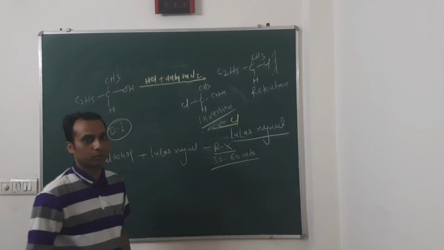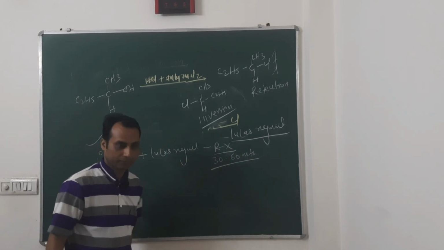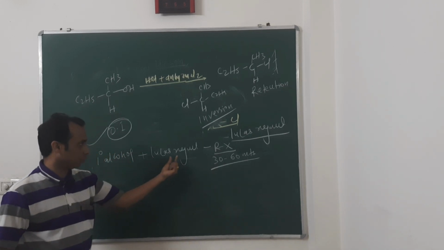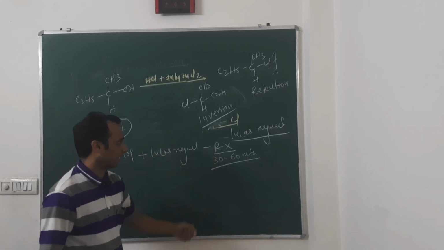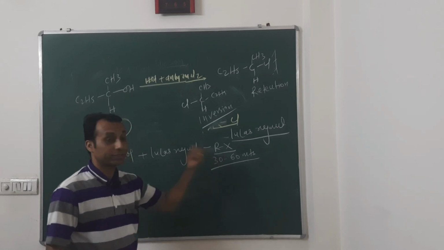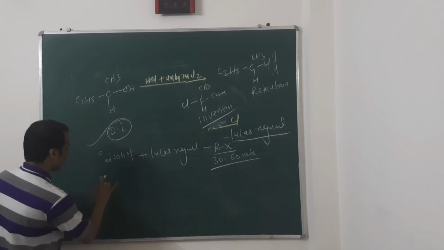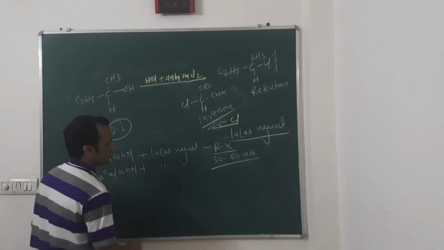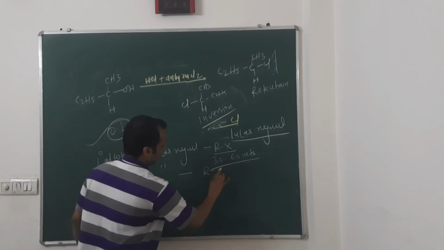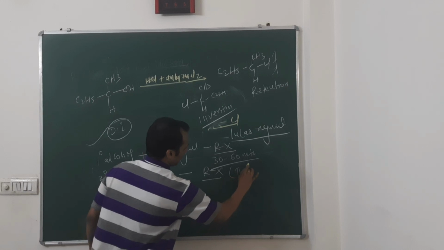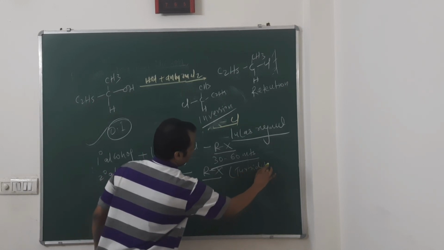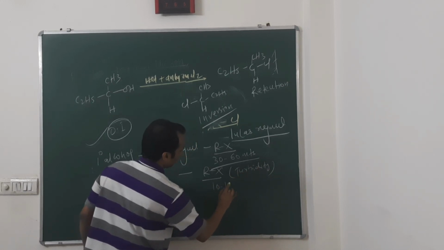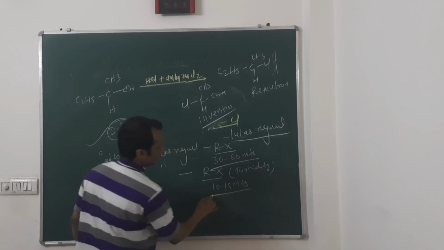And if you take the 2 degree alcohols with the Lucas reagent, that will form the alkyl halide, showing turbidity within 5 to 10 or 10 to 15 minutes.